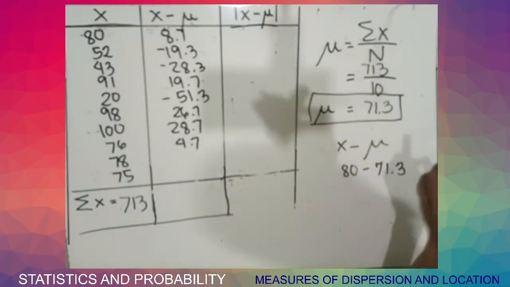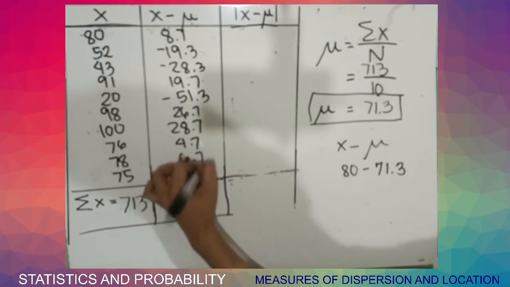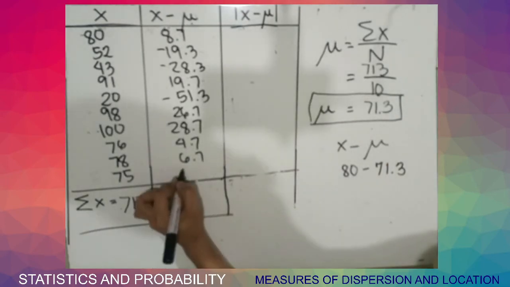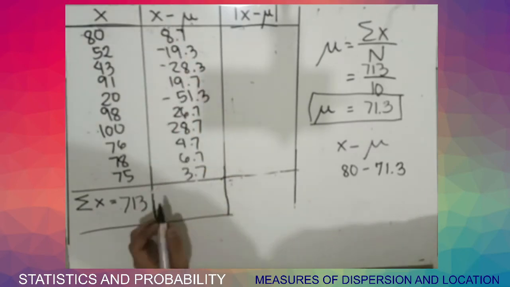Next, 78 minus 71.3, 6.7. And 75 minus 71.3 is 3.7. Okay.